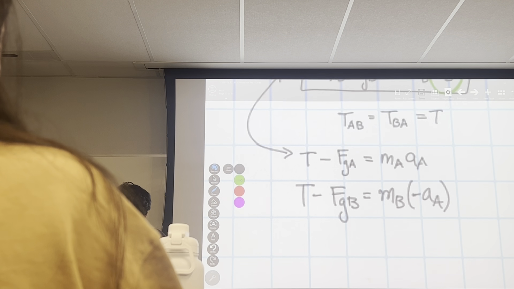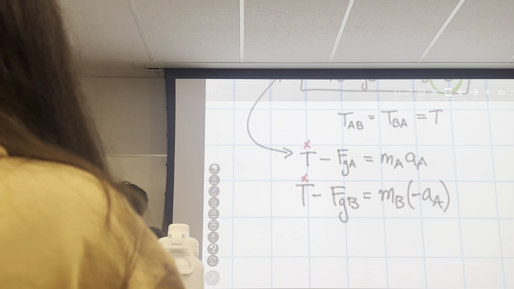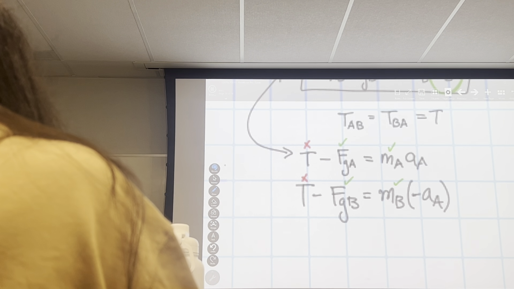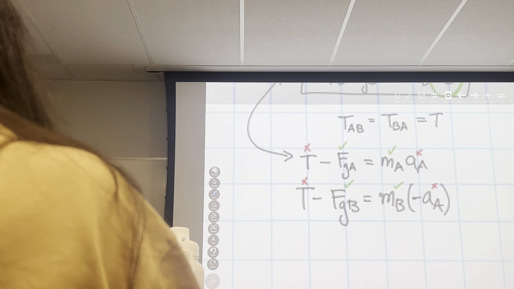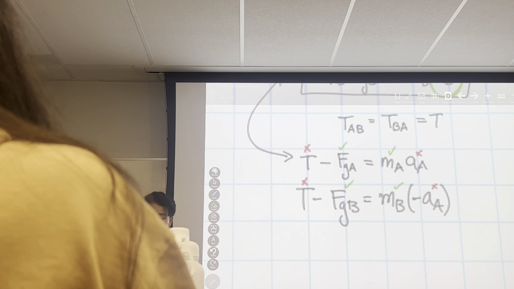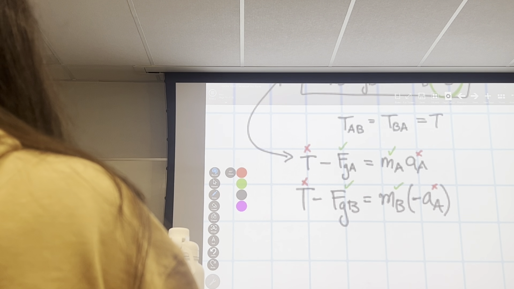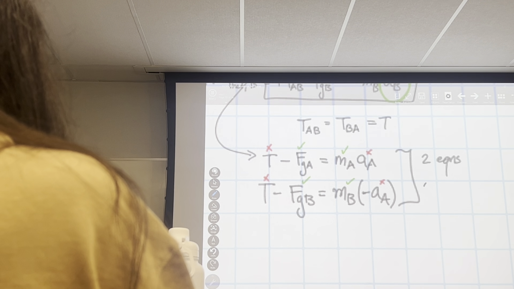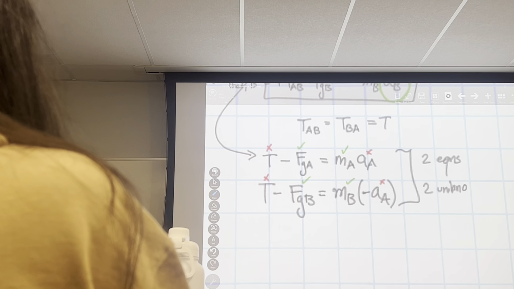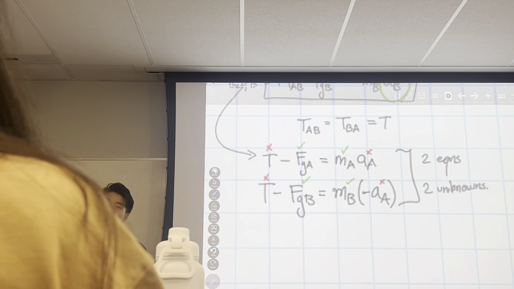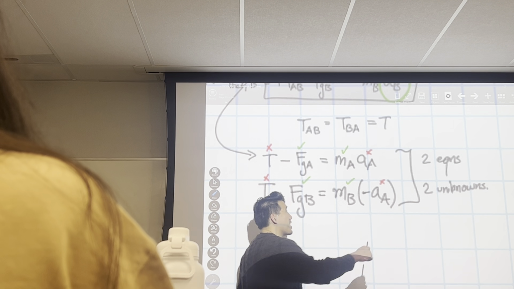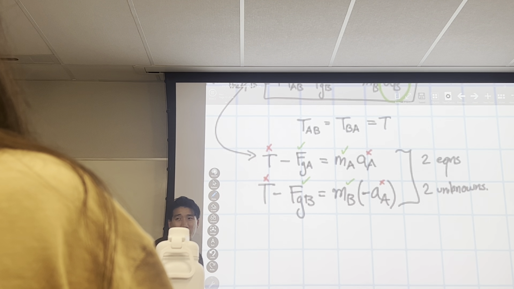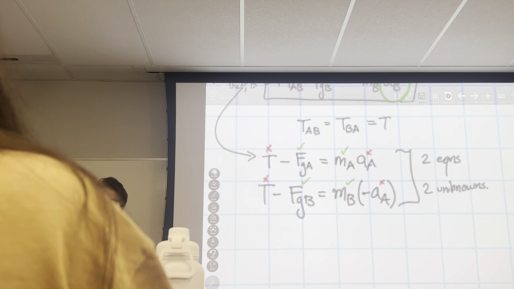We don't know tension. We do know forces of gravity, we do know the masses, and we don't know the acceleration of A. Now we got it down to 2 equations and 2 unknowns.